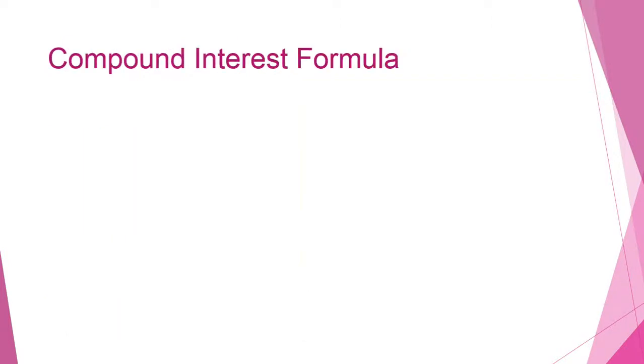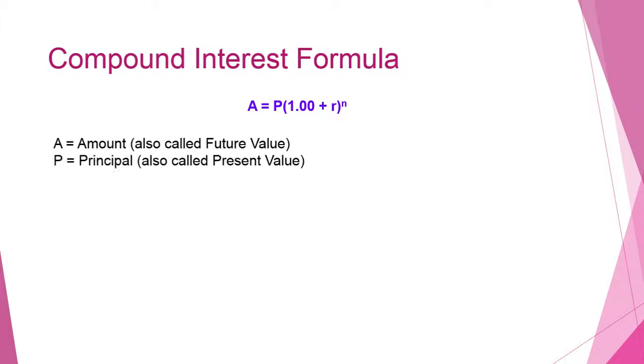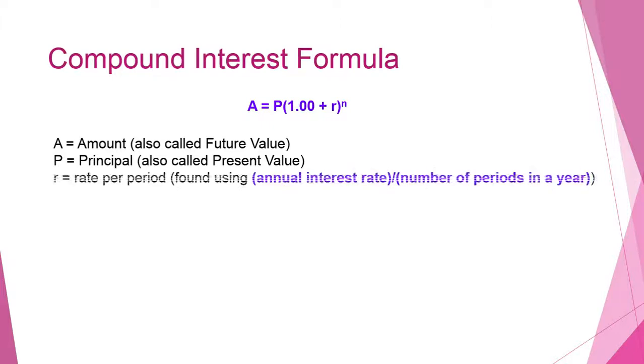Alright, compound interest formula. So earlier I gave you the table. This time we're going to have to find it ourselves. So this is the formula that you want to use, where A is the amount. Keep in mind it is also called future value. P is the principal, also called the present value.